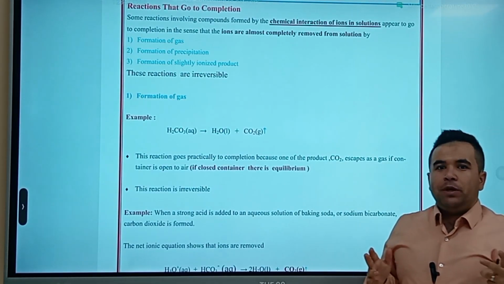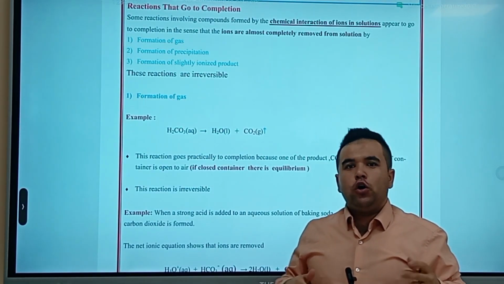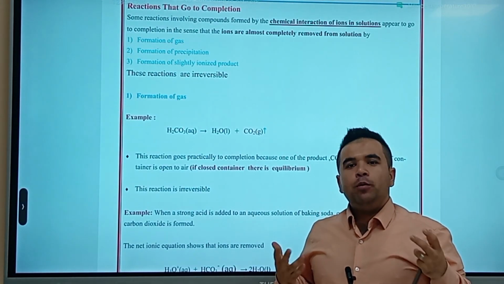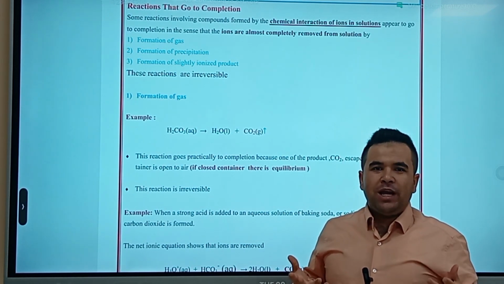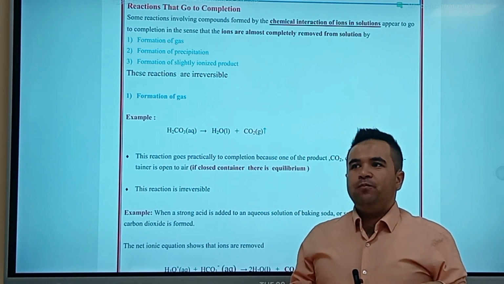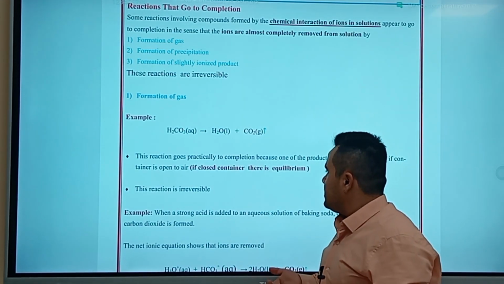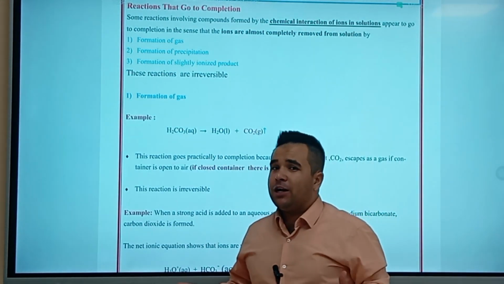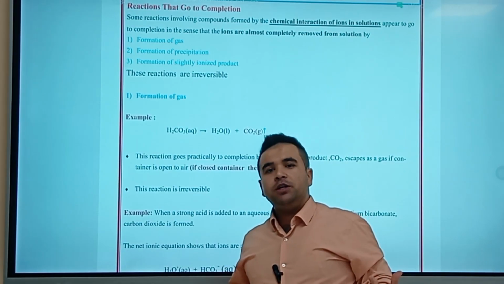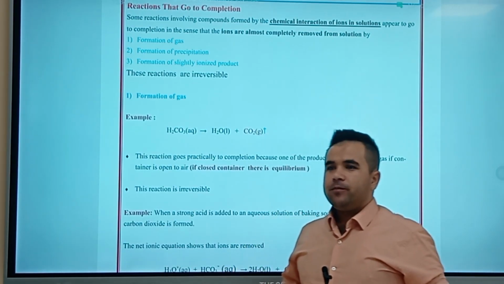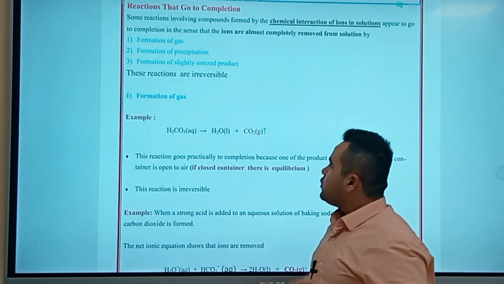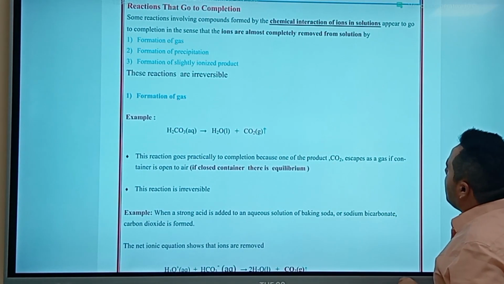In this section, we have some reactions that go to completion. We'll be talking about those reactions that go to completion due to specific effects, guys. We have 3 reactions that go to completion because of different reasons. Let us talk about each of them in detail.